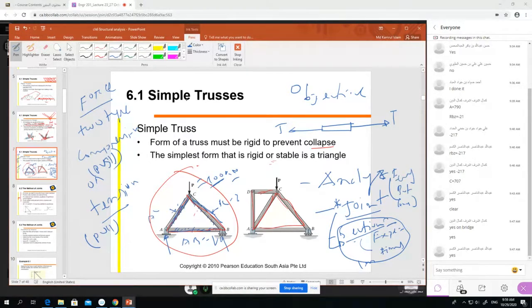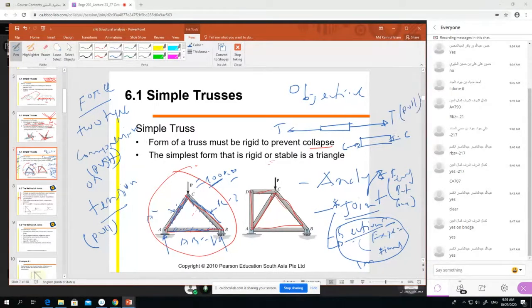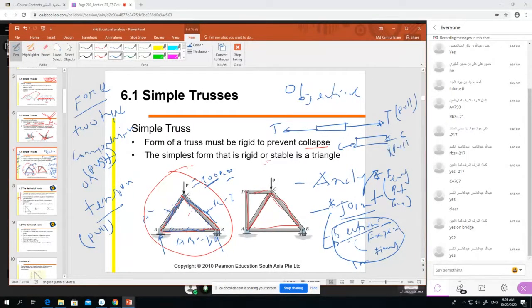Or this member you can push from two sides, right? So it is compression. You write it as C, right? But we pull or we push. That's it. Only two types. Usually in engineering we don't say pull or push. We say tension and compression. Now, the load carried in any member will be of two types.